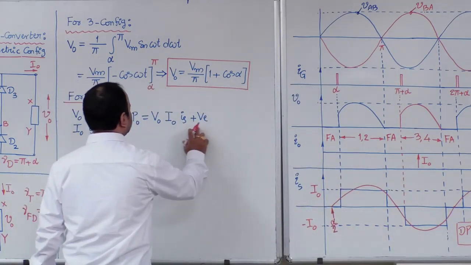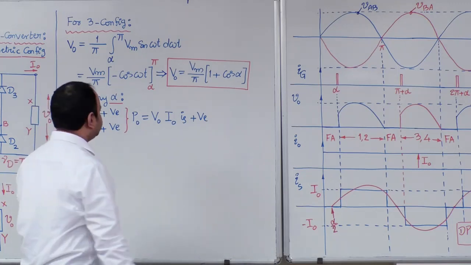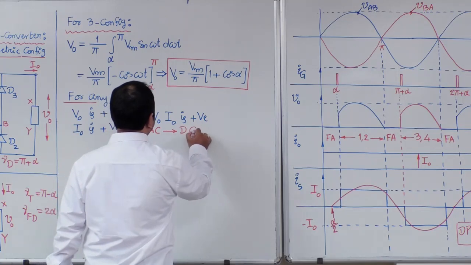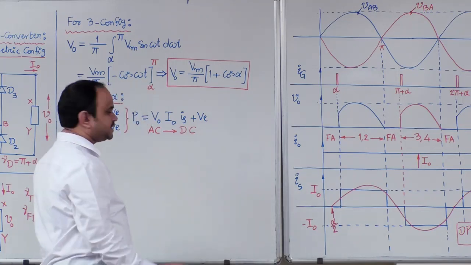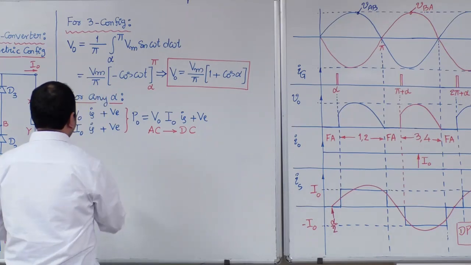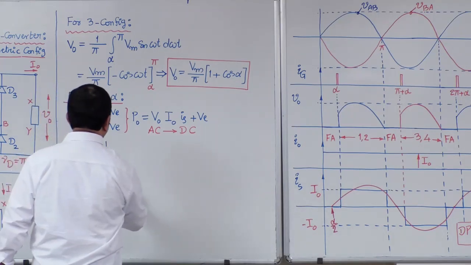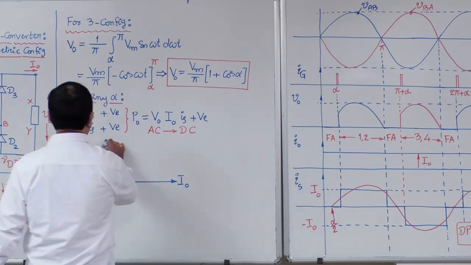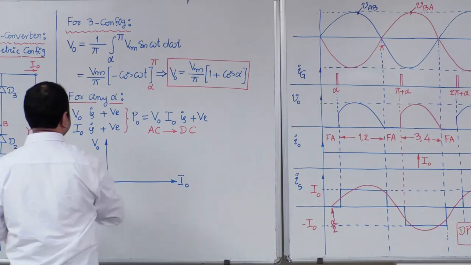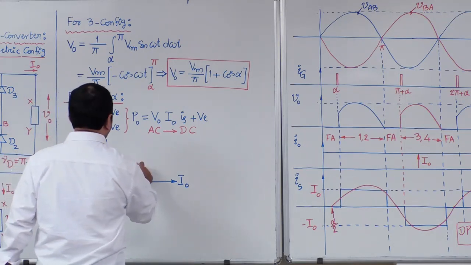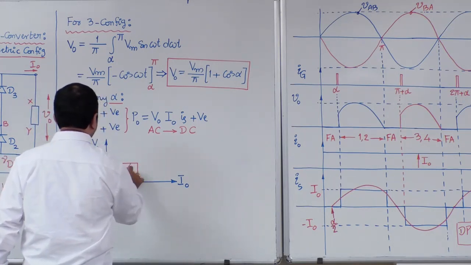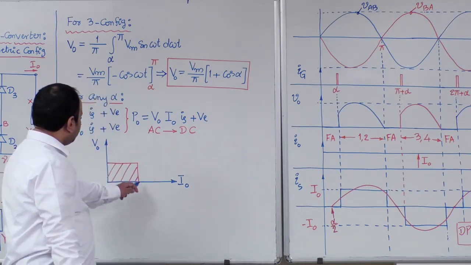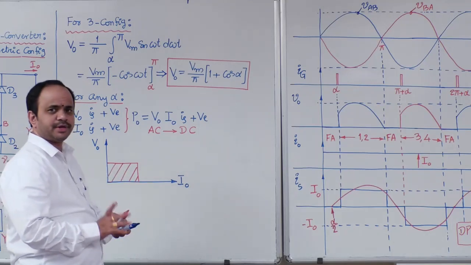When the power delivered to the load is positive, it means the direction of power flow is always from AC to DC. Therefore, we can put this conclusion in quadrants, something like this. Whatever the firing angle is, this semi-converter circuit will give you first quadrant operation only.